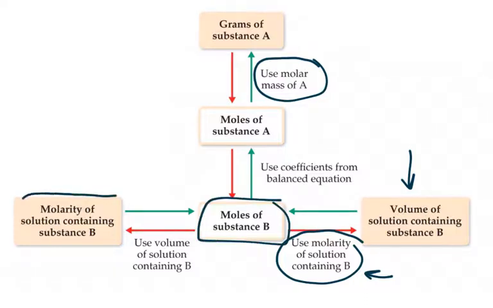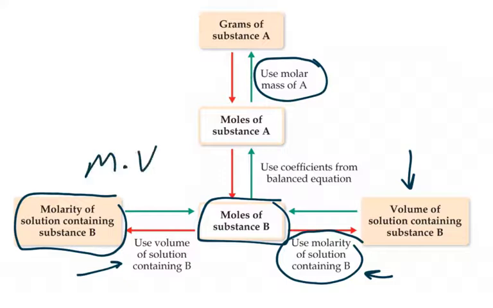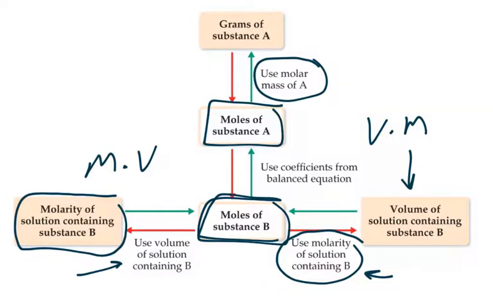It's the same thing whether it's molarity times volume or volume times molarity. You're going to use the product of this to get to moles, and then always to go from the given to the unknown, you use the mole ratio.